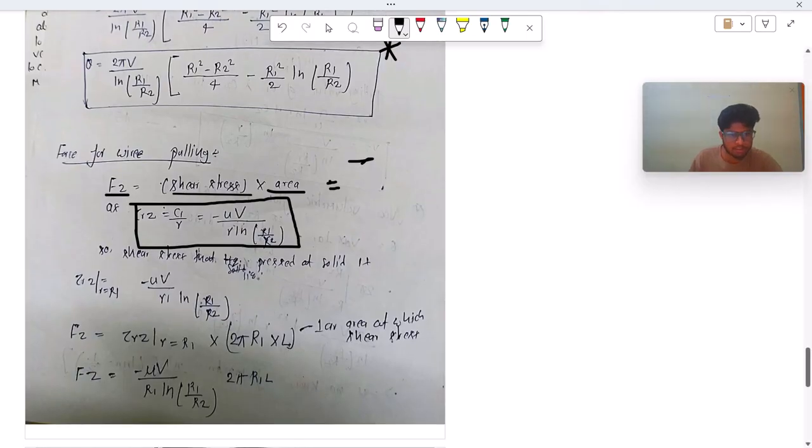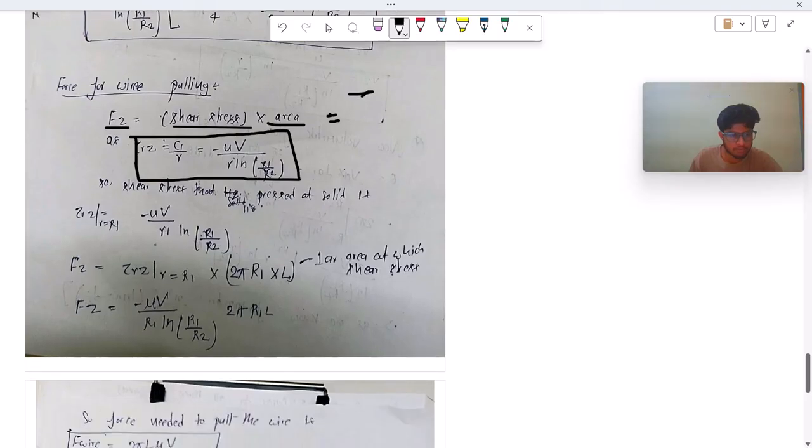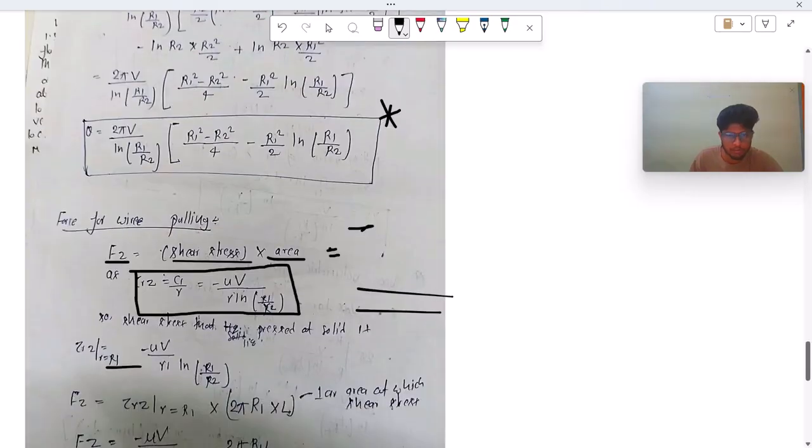The shear stress acts at r equal to r1. Suppose this is our cylinder and there is a fluid. At r equal to r1, the stress that the fluid exerts on this wire is the shear stress, which is responsible for the force required for pulling the wire.